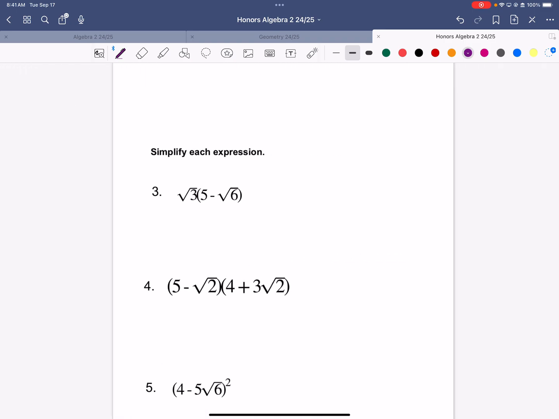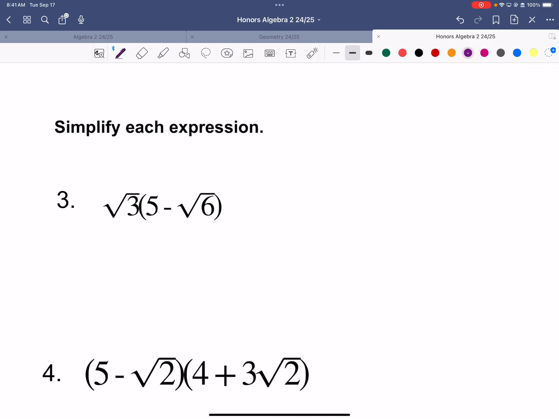Okay, let's look at a couple special situations. If you have to distribute, it just goes back to the rules we've had before when we had integers. When you distribute, if I have radical 3 times, in parentheses, 5 minus radical 6, we have to distribute that radical 3 into both.